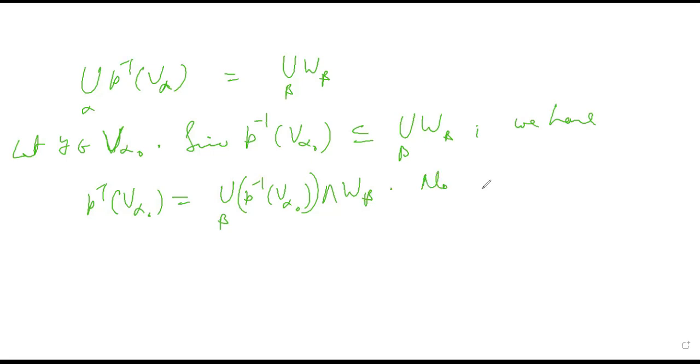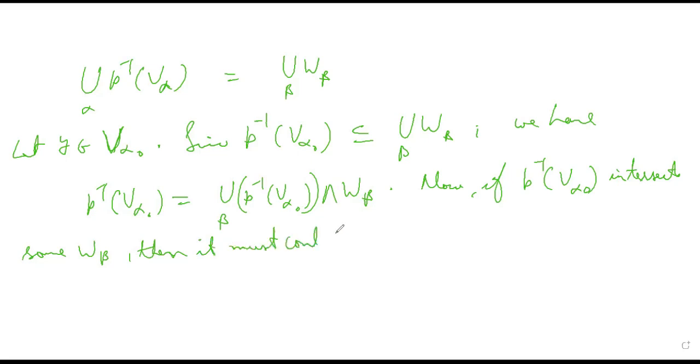Now, if P inverse V alpha naught intersects some W beta, then it must contain this W beta, right?